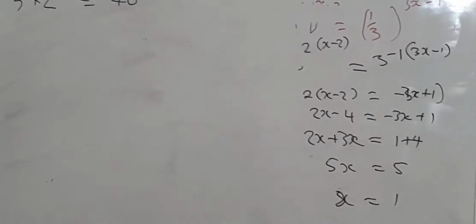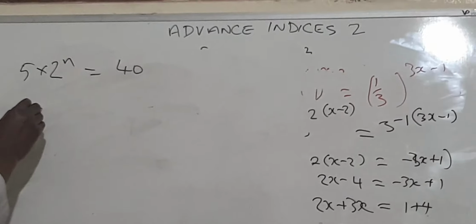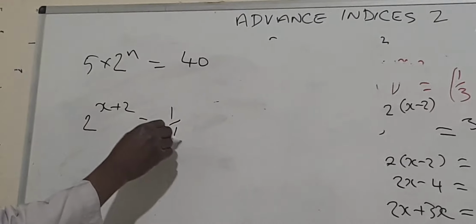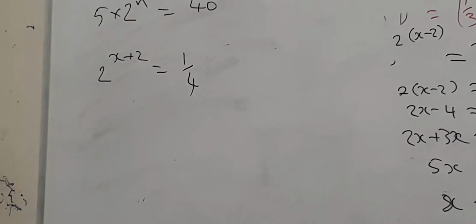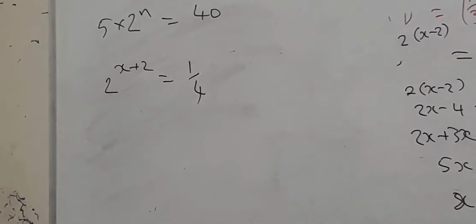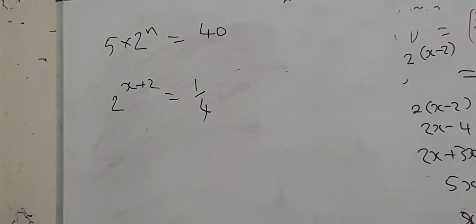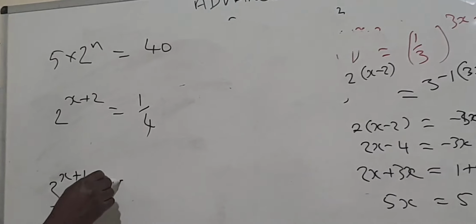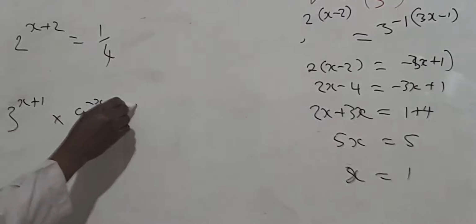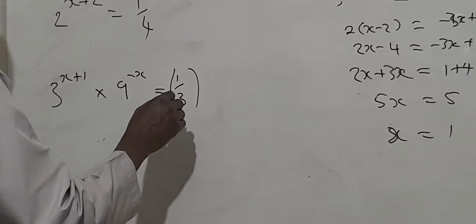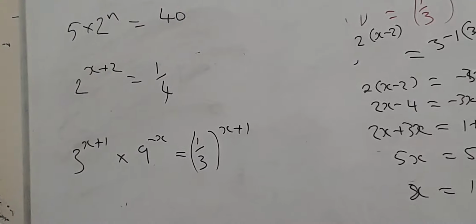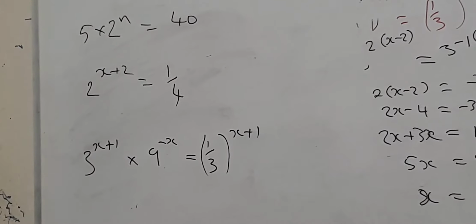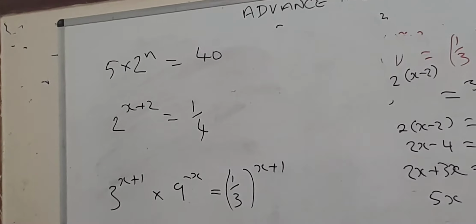Okay, 2 to the power 2x plus 2 is equal to 1 over 4. Those ones are very easy. Now, I don't know whether we have done this one. The first two look okay. The last one looked a bit nasty.